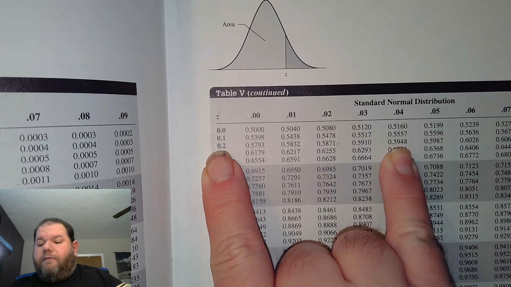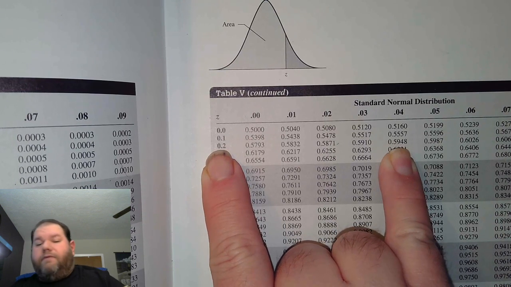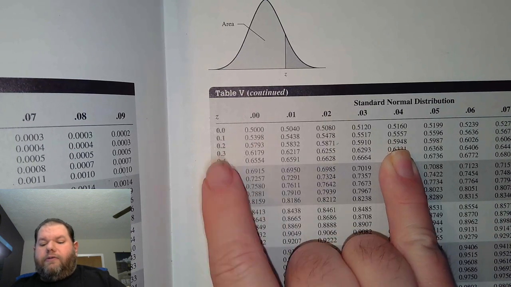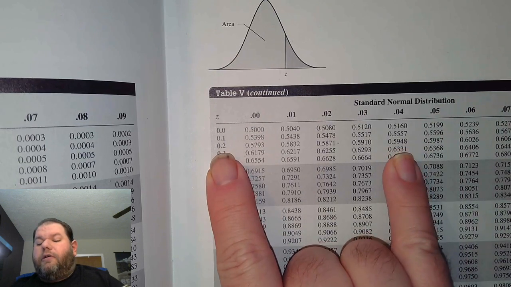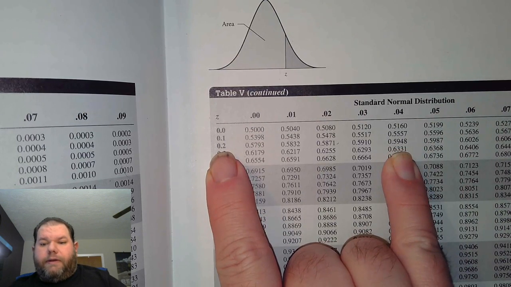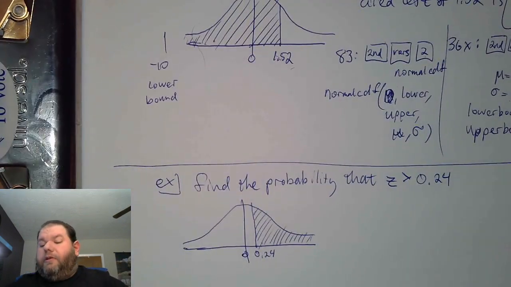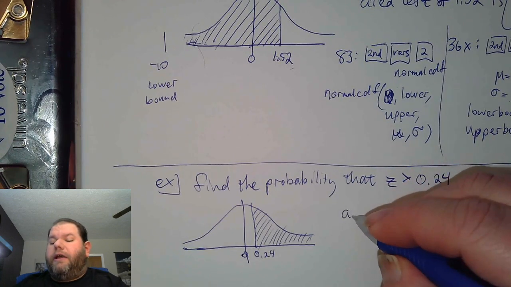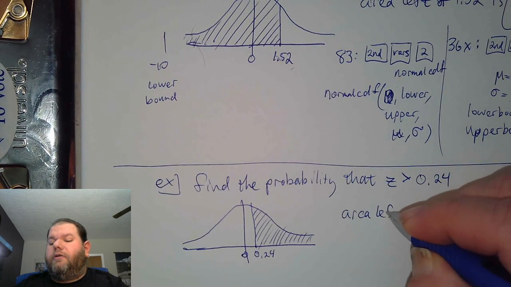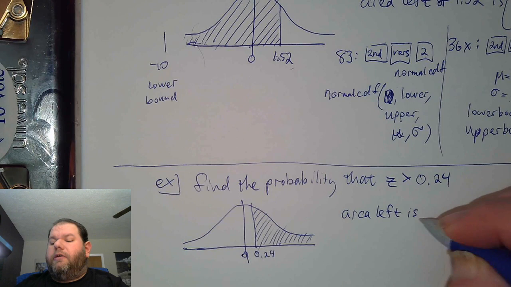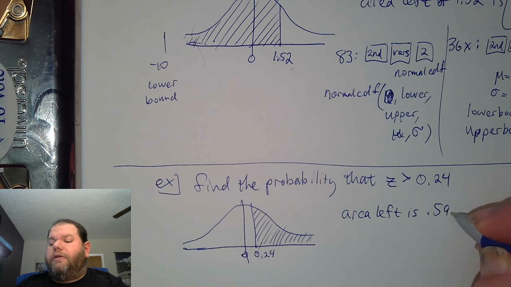And we see that we have a value of 0.5948. So the area to the left is 0.5948.